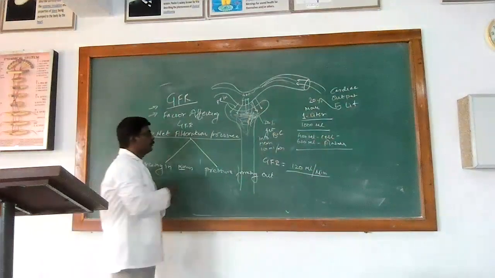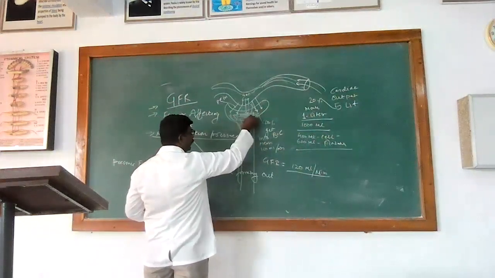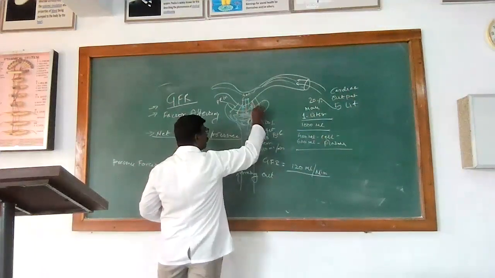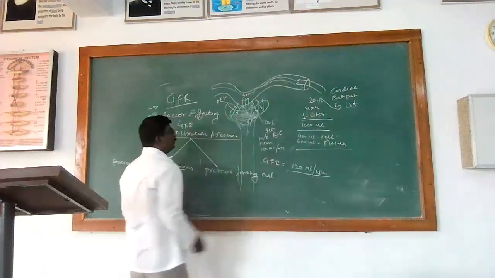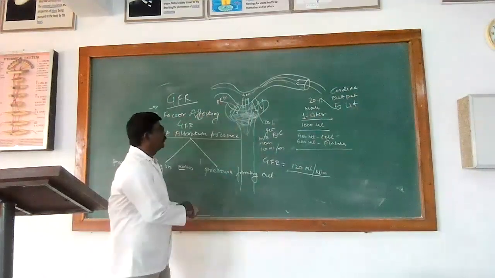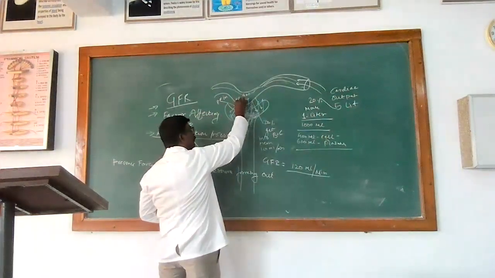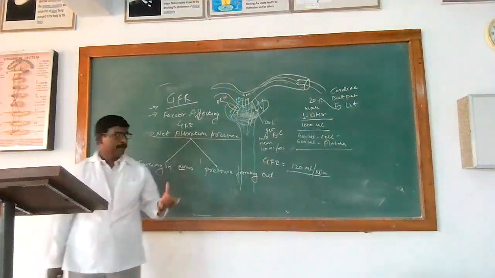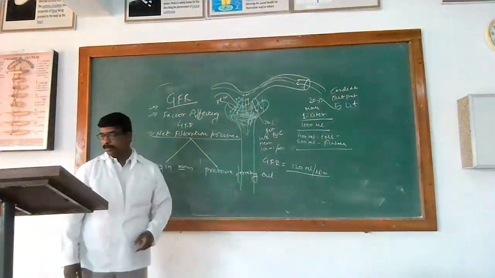It is a funnel-like structure, and pressure forces out. There is pressure forcing in and pressure forcing out. So net filtration pressure is pressure forcing in minus pressure forcing out.